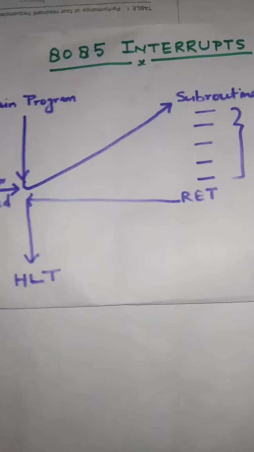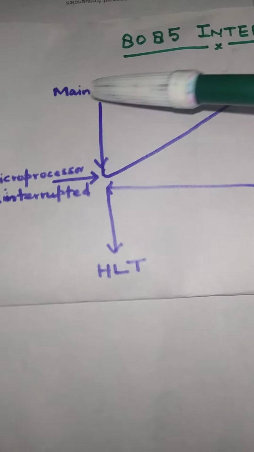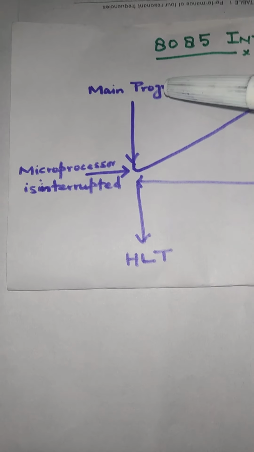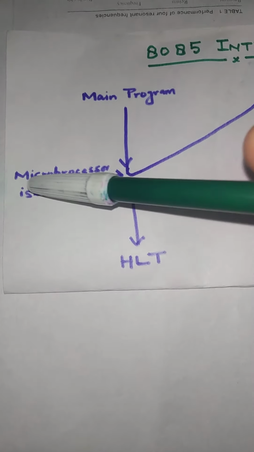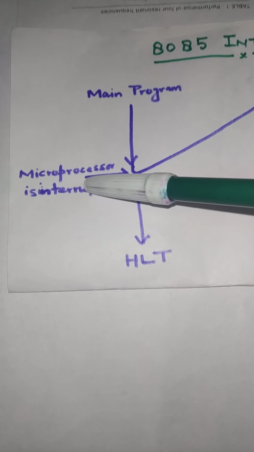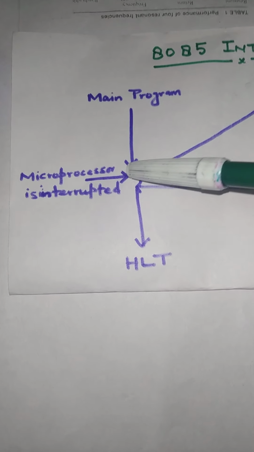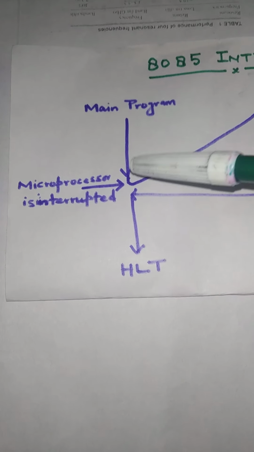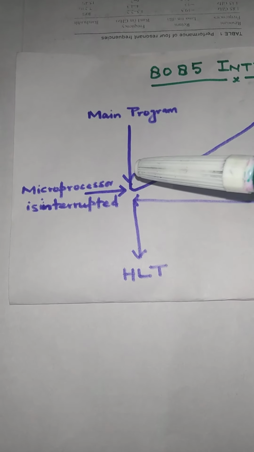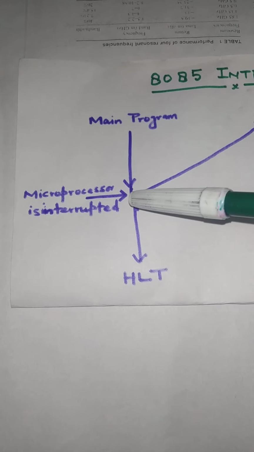So what will happen? Suppose that microprocessor is performing its main program. It is executing its main program, and at certain instant, any peripheral device sends a signal to interrupt this processor. So when this interrupt signal is received, then what will happen? Processor leaves its main program.